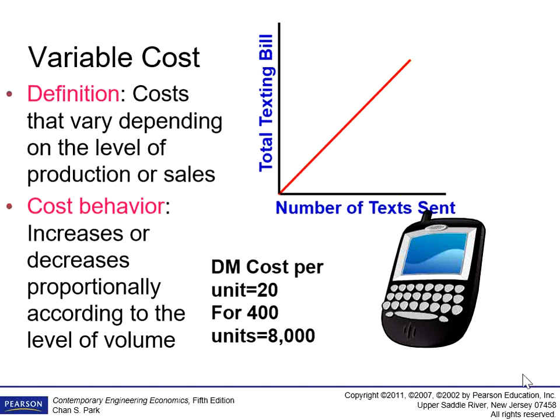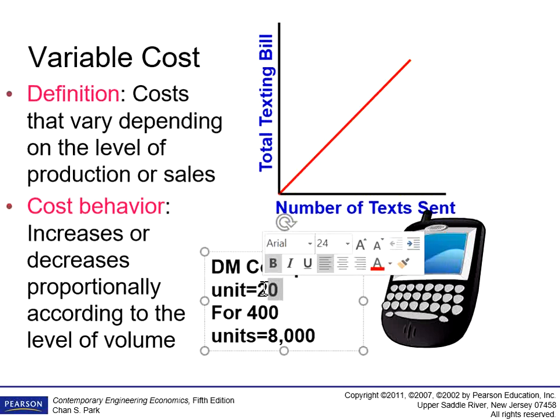Next one, variable cost per unit. What is a variable cost per unit? This one is the total variable cost, which is 0 for no units, but the variable cost for 1 unit, which is this one, let's say 20, remains the same, not changing, right? Per unit is the same.